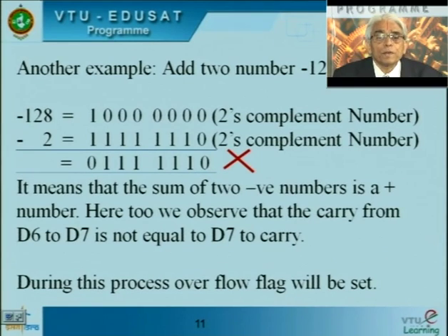So, the carry flag will be equal to 1, because the carry from D7 is not equal to the carry brought from D6 to D7. Obviously, the overflow flag is equal to 1. So, this definitely proves that the result we get is not correct.